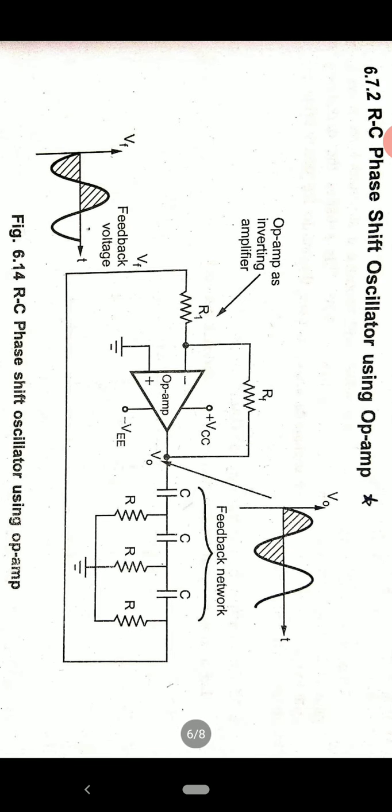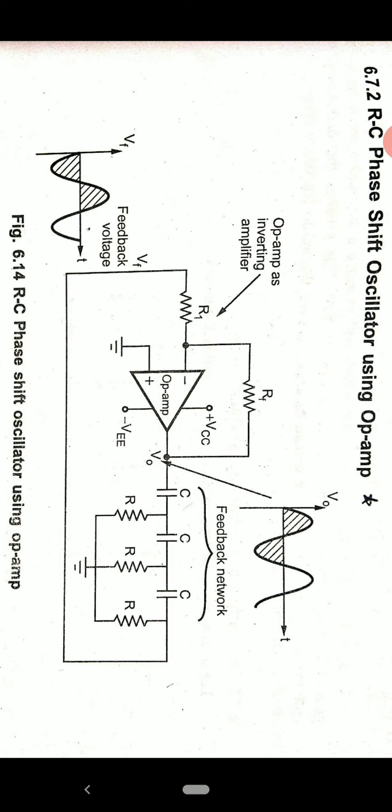An oscillator is a circuit which generates a desired frequency without any input supply. I hope you remember that we discussed oscillators in detail in analog electronic circuits. Let me brief you about oscillators.